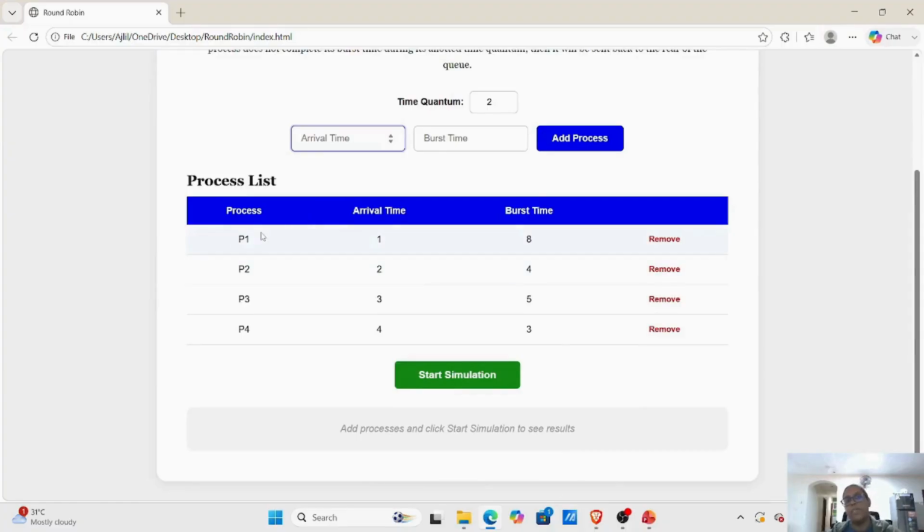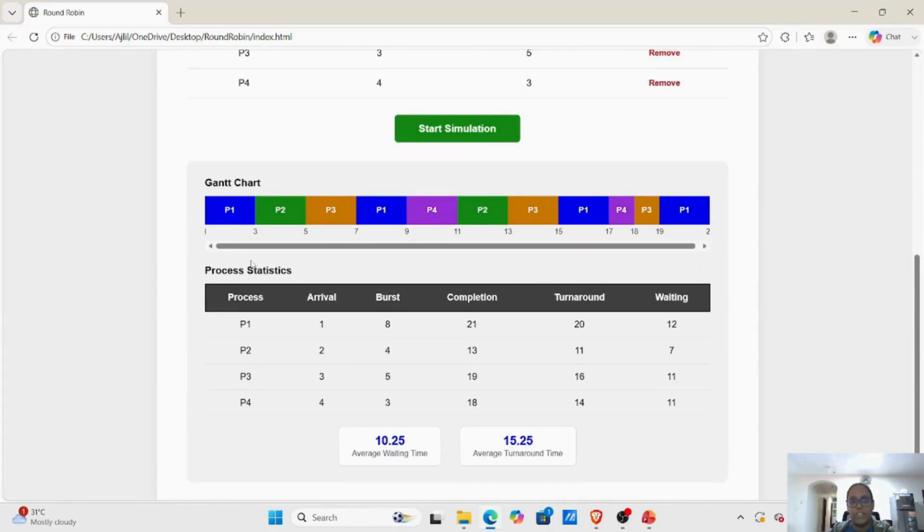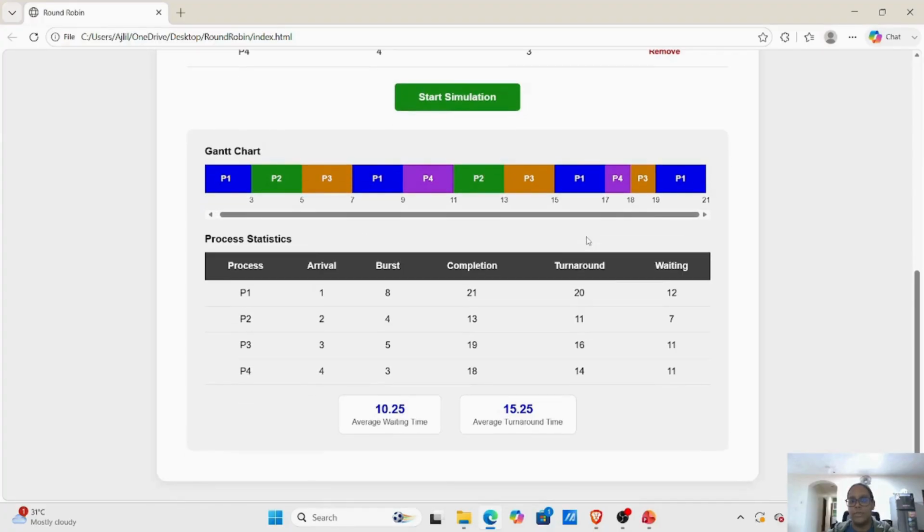So I have all of my processes along with their arrival times and burst times. If I start the simulation, I get a Gantt chart that shows how the CPU would allocate each and every process, along with the process statistics.